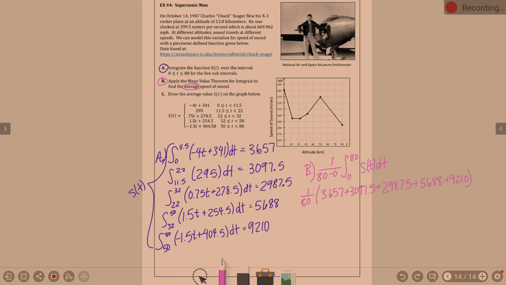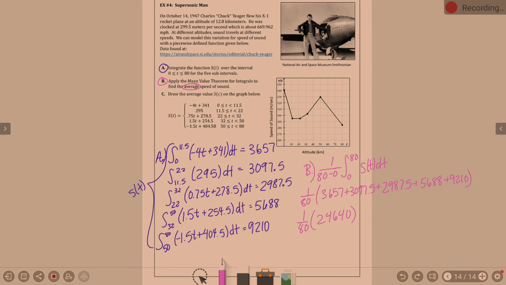And it's an exact number again, isn't it? Yeah. I have written down that it's going to be 1/80th times 24,640, and that comes out to be 308.